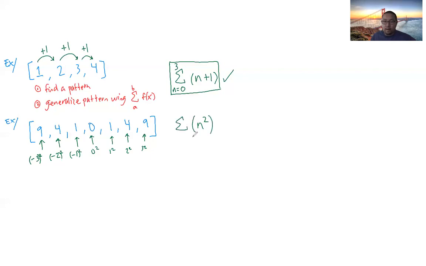Now you must figure out the interval. So n starting at, and we said that because each of these values only go up by 1 as you go from left to right, you can safely say it starts off at -3 and it ends at +3. Okay, and this is going to be your sigma notation, sorry, for this collection of numbers.